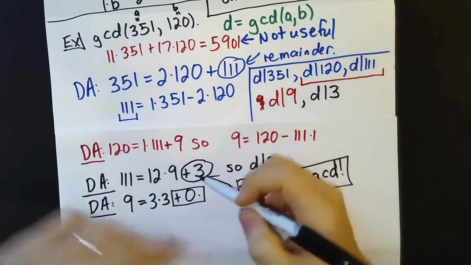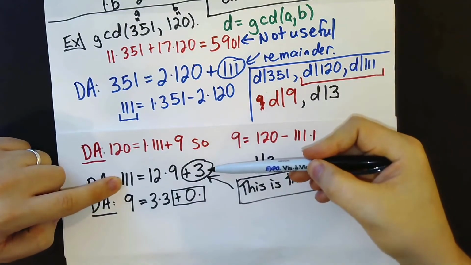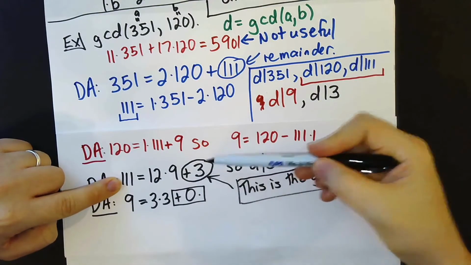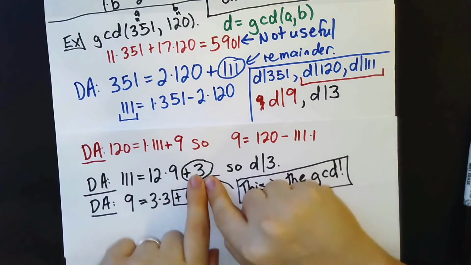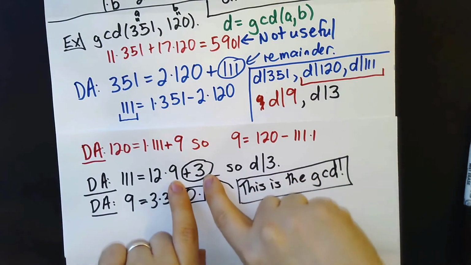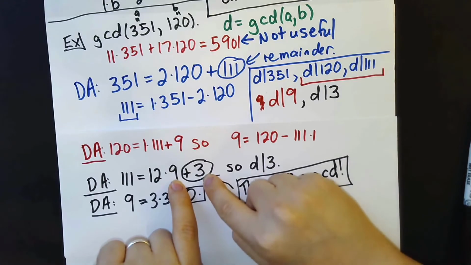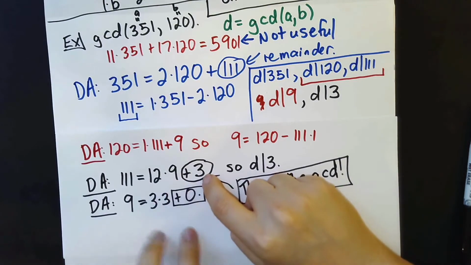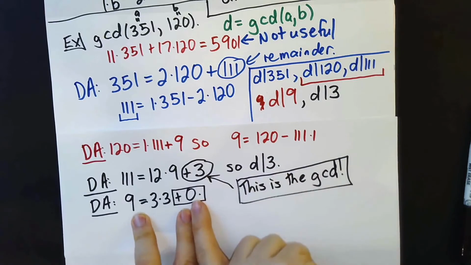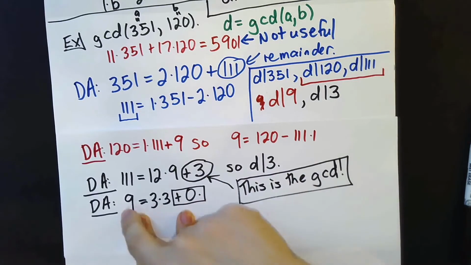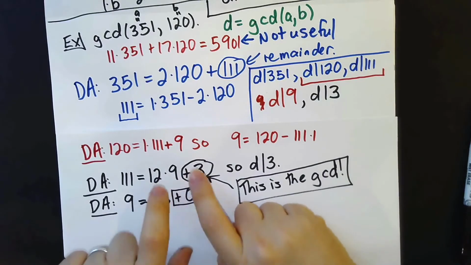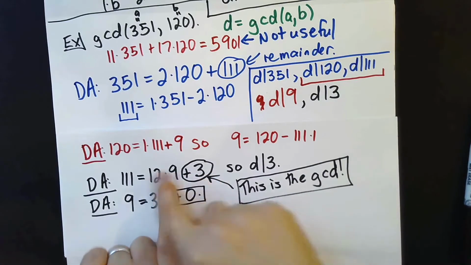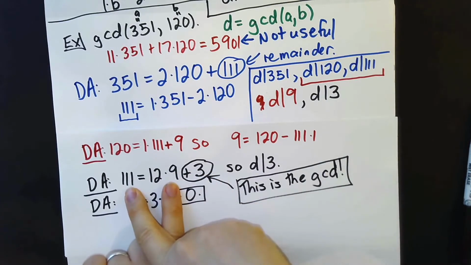But if you look at our division algorithm step here, I know that 3 divides 3, and I know that 3 divides 9 now. Why do I know that 3 divides 9? Because if I look at the last step, I got a remainder of 0, so that exactly told me that 3 divides 9.